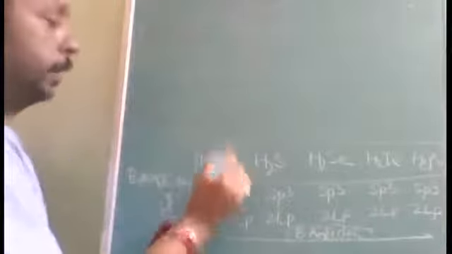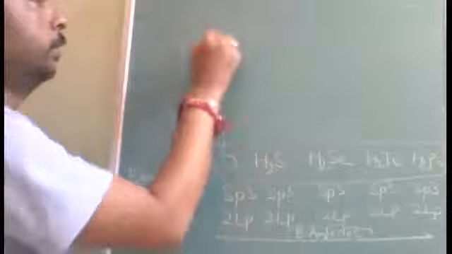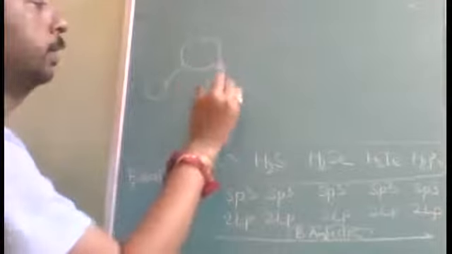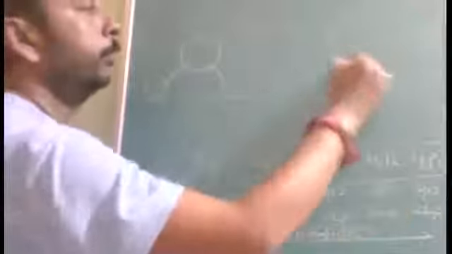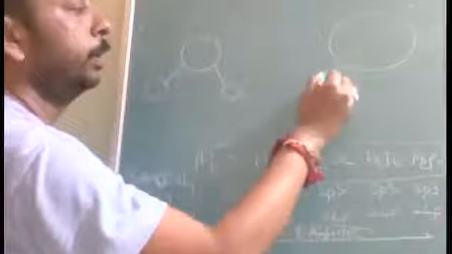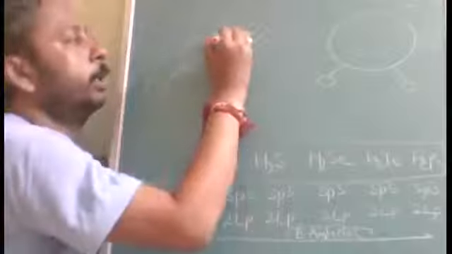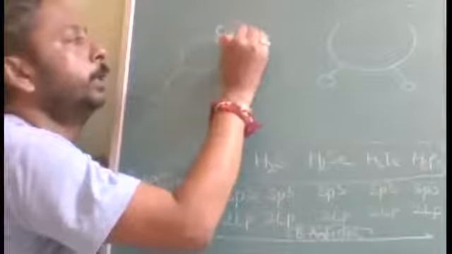So here let us take oxygen. In oxygen, these are the hydrogens. And this is polonium, which is very big, and these are the hydrogens. Here oxygen is more electronegative. Electronegativity of oxygen is very, very high.